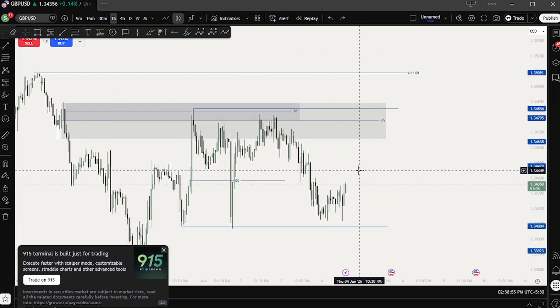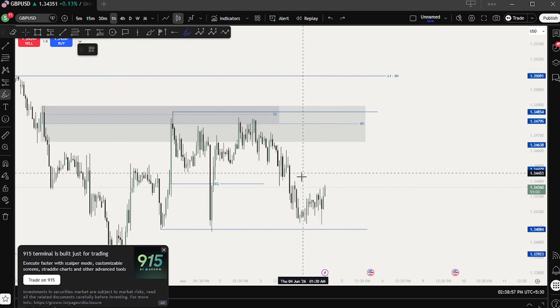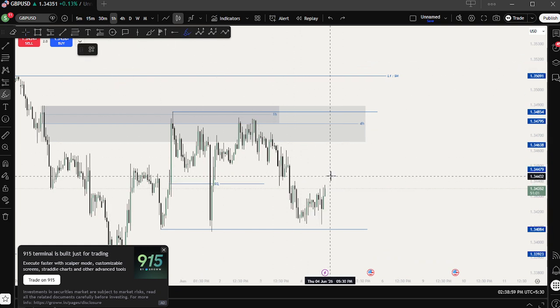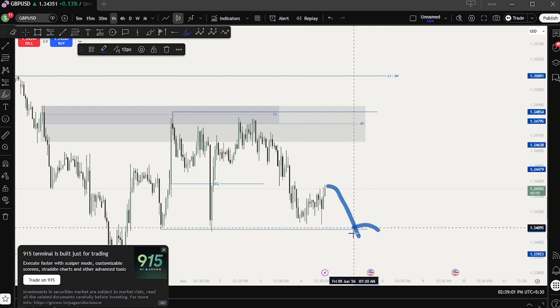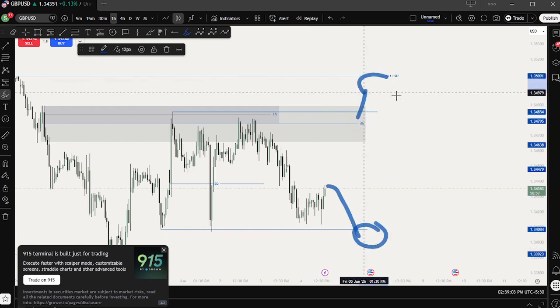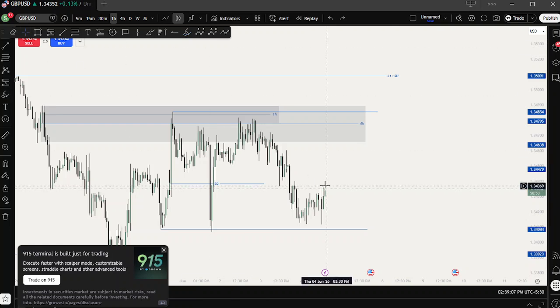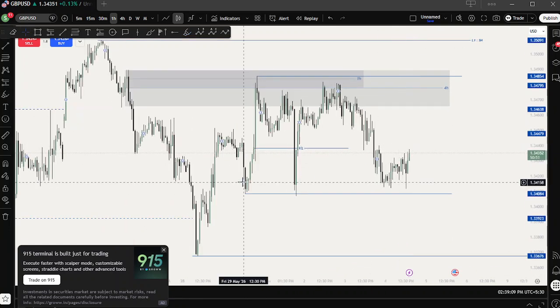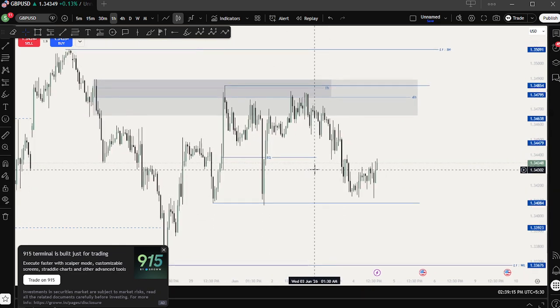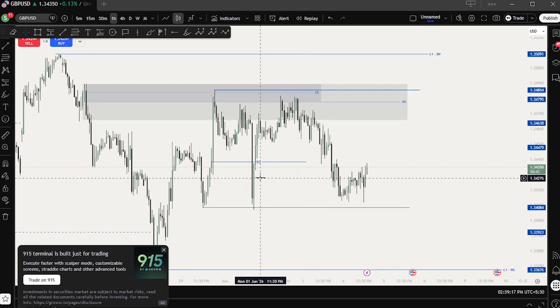So overall the question is which level would be violated first, this level or the level up here? To answer that question, simply we don't know, the market is imperfect, we can't guess what can happen, we can only look at the probabilities of what is likely to happen.